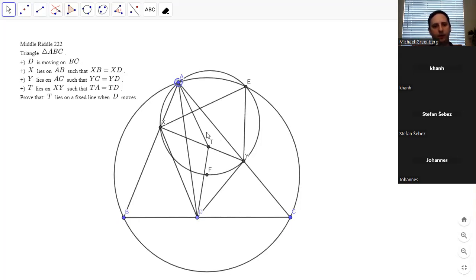So yeah, we have to use that TA equals TD somewhere. You know that DY equals YE. You know that DX equals XE. And we also know that TE equals TA. So XY is perpendicular to AE.